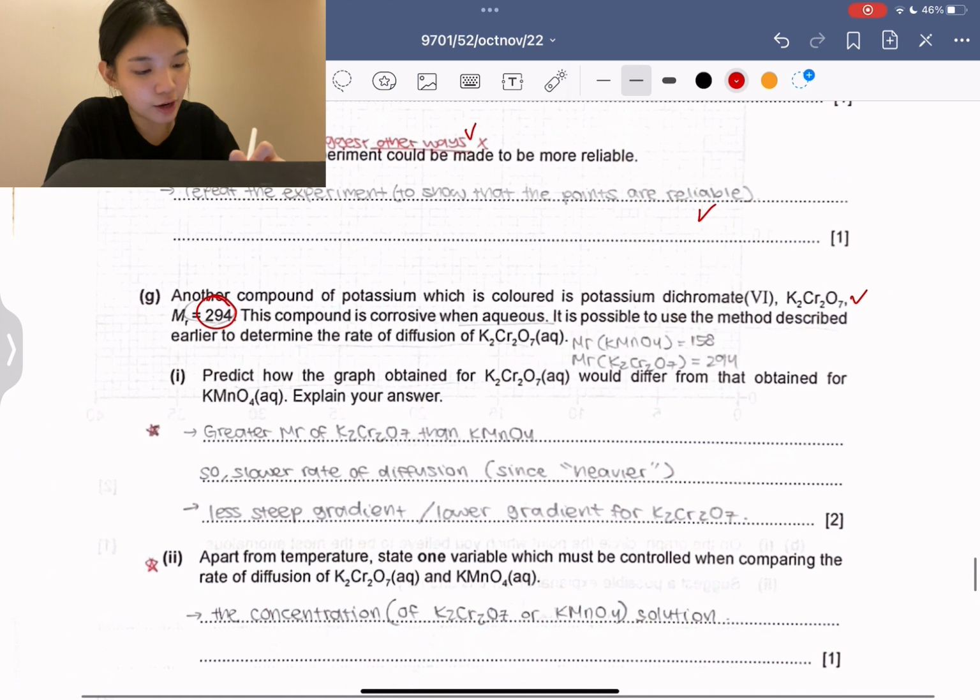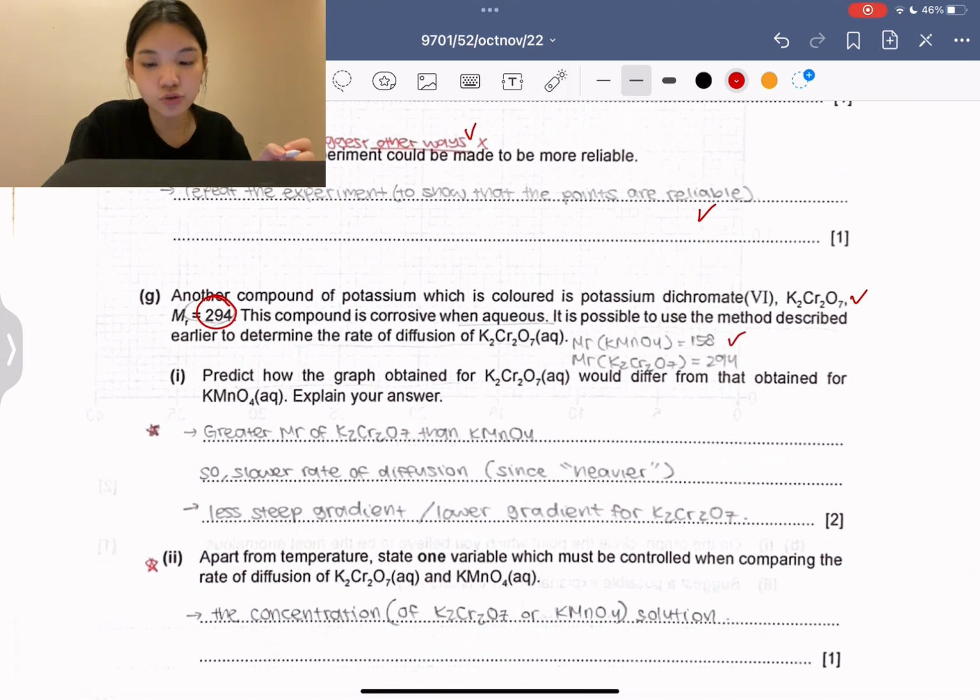This compound is corrosive when aqueous. It is possible to use the method described earlier to determine the rate of diffusion of K2Cr2O7. I. Predict how the graph obtained for K2Cr2O7 would differ from that obtained for KMnO4.